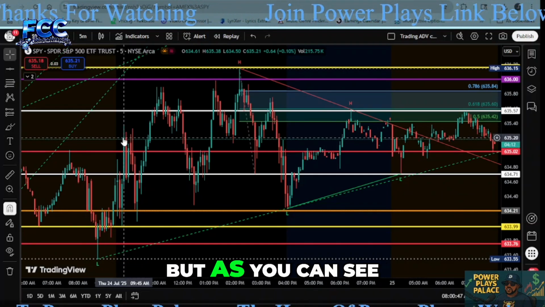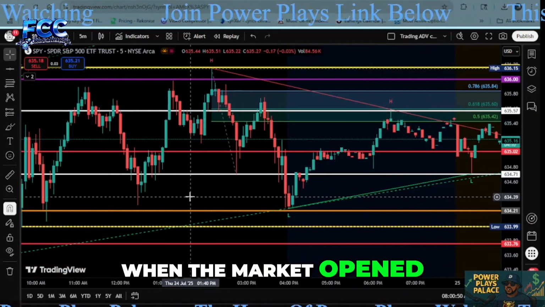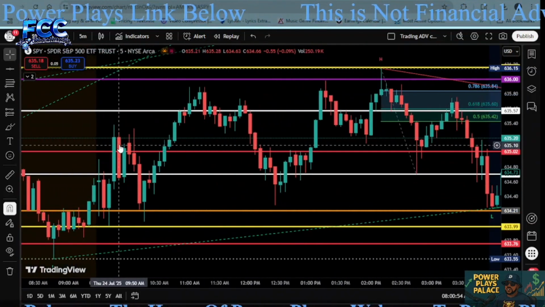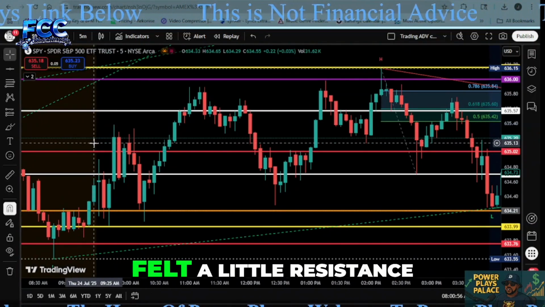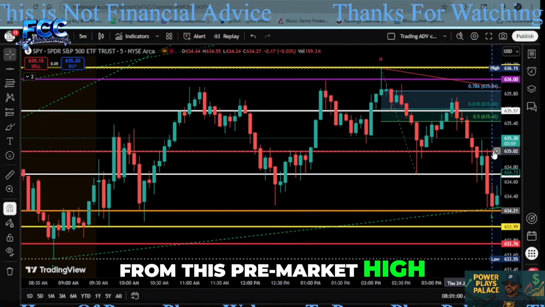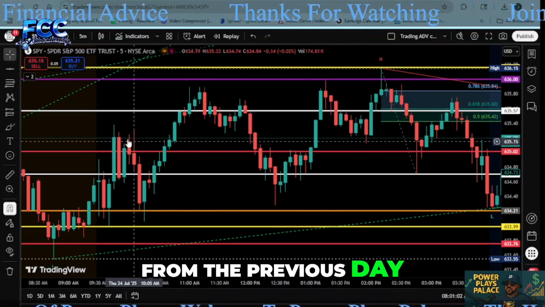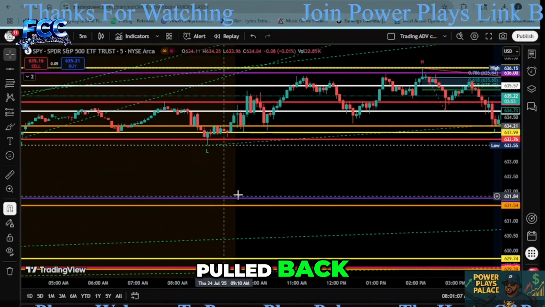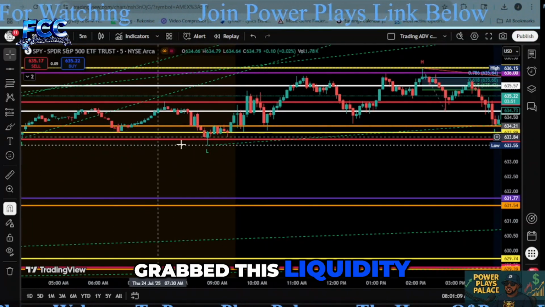But as you can see, when the market opened, SPY went up, felt a little resistance from this pre-market high from the previous day. And what it did was it bounced off, pulled back, grabbed this liquidity.